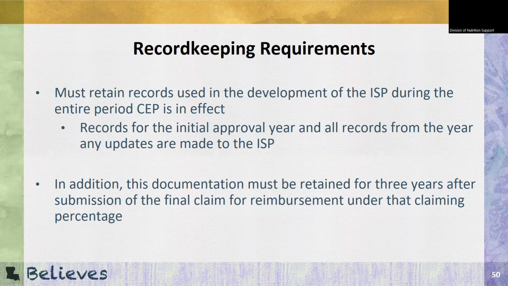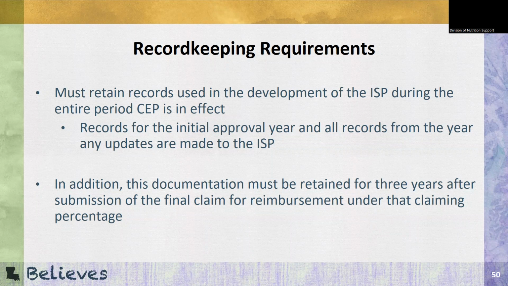A list of all of the identified students with their ISP classification used to determine the ISP from all schools participating in CEP from each district, as well as documentation for the total enrollment at all CEP schools, a sample list of students that the state agency used to verify the initial ISP, and all records from the year any updates are made to the ISP, as well as the ISP worksheet the LEAs use to calculate the ISPs and submit it to the state agencies with appropriate documentation.